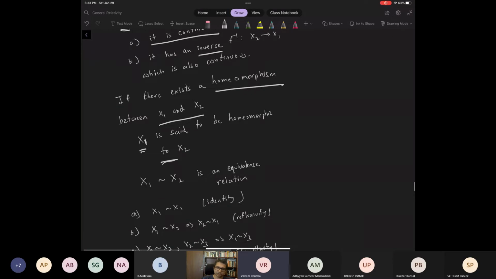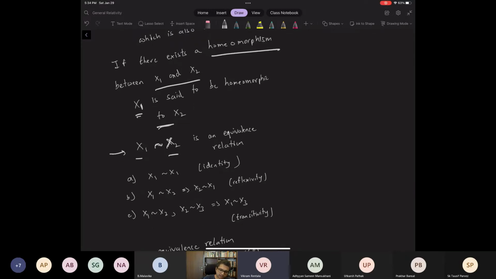So this relationship, homeomorphism, is what we call an equivalence relationship. That is, if you say that x1 and x2 are related by homeomorphism, which is typically denoted by this kind of symbol, x1 related to x2, then first of all, it has three properties, okay? That is, x1 is related to itself. This is called an identity relation.